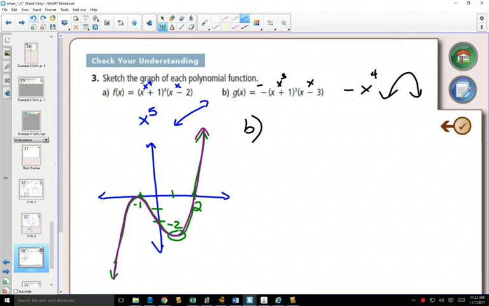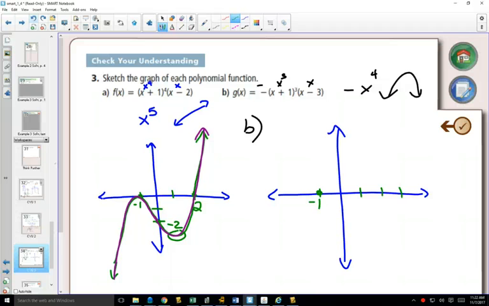When we go to sketch this one, your x-intercepts are minus 1 and plus 3. Your y-intercept, this would be a negative times a 1 cubed times a negative 3.